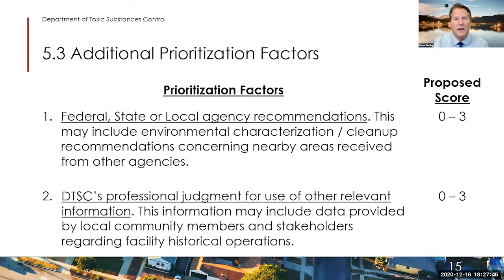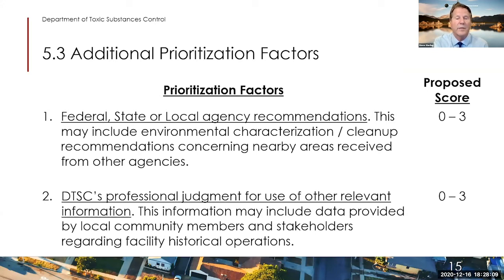Now on slide 15, shown are the factors in the third category, additional prioritization factors. The first factor considers federal, state, or local agency recommendations, requests, or identified need for additional investigation of an area that DTSC has determined to be reliable and appropriate information.